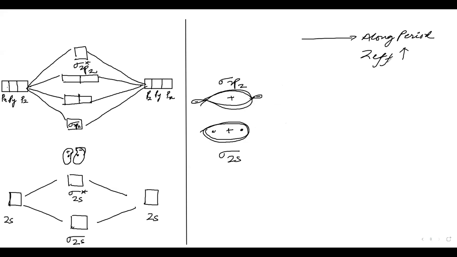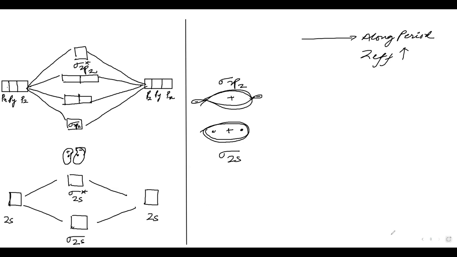Because as we move along the period, the nuclear charge increases, more and more protons, but we are in the same shell, so the electron to nucleus distance is the same, but the charge is increasing, hence there is more effective nuclear charge. So if the Z effective is high, that means this 2s.